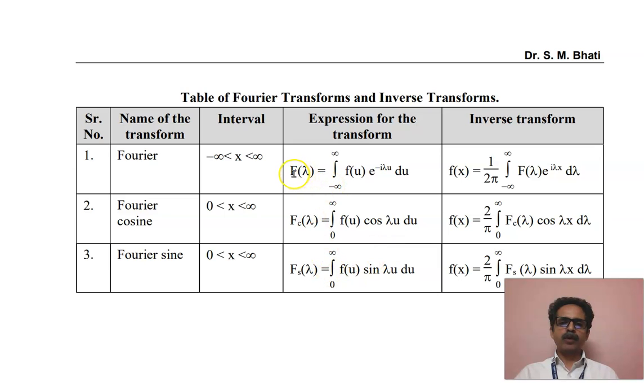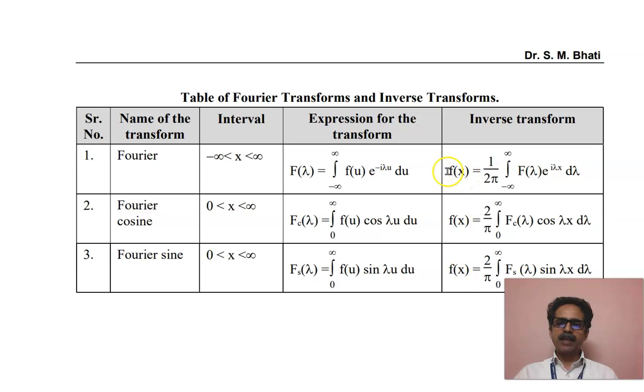Sometimes we may be given the value of capital F lambda, capital Fc lambda or capital Fs lambda. In that case, we may be required to find their respective inverse transforms, and we have to use these three equations respectively. Here we can get the value of f of x.